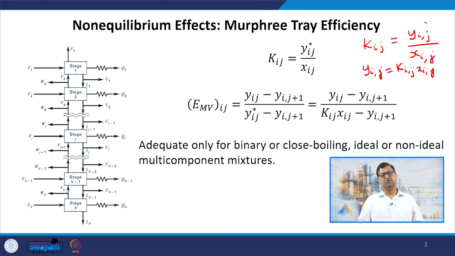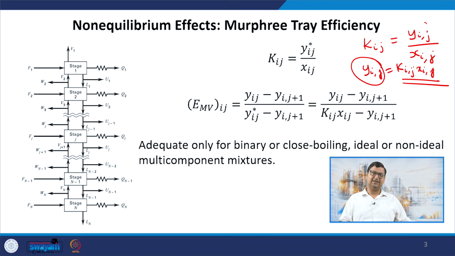That is what we assume for equilibrium. But in reality, when we have a departure from equilibrium, the mole fraction in vapor is not given by this particular relation. Even in that case, I can still define an equilibrium mole fraction obtained by applying this relation: for a given liquid mole fraction of component i, I can compute the mole fraction of vapor in the equilibrium condition.